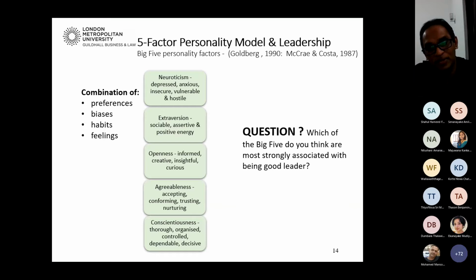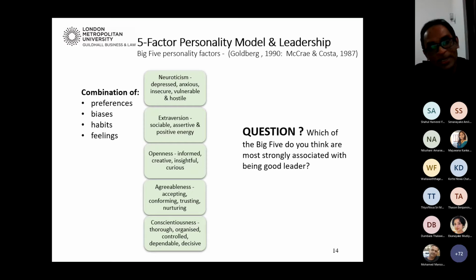So you have five types. So they are asking a question. Out of these five, what is most closely associated with being a good leader? What do you all think? Is it neuroticism, extraversion, openness, agreeableness or conscientiousness? What is it? Which is the most related one? Extraversion.